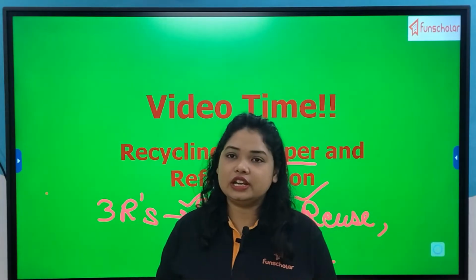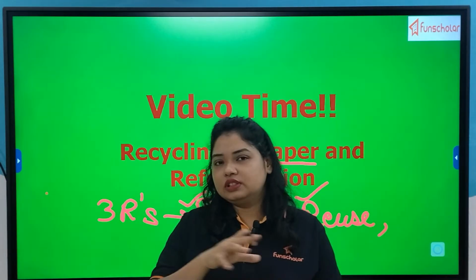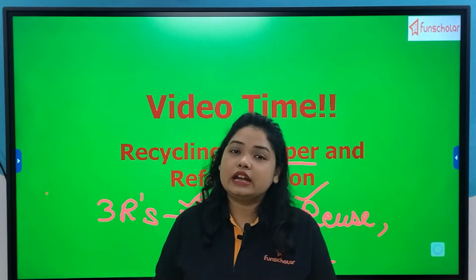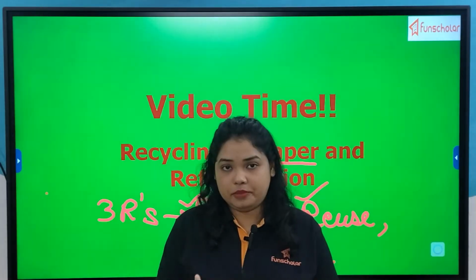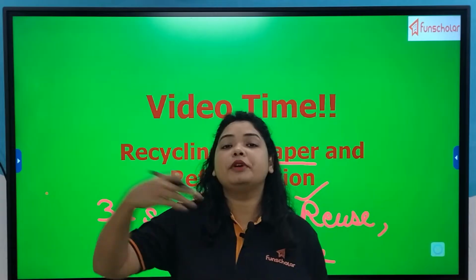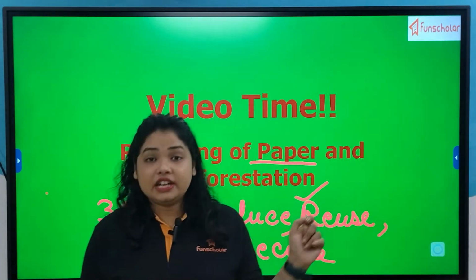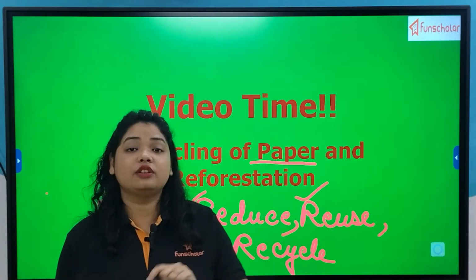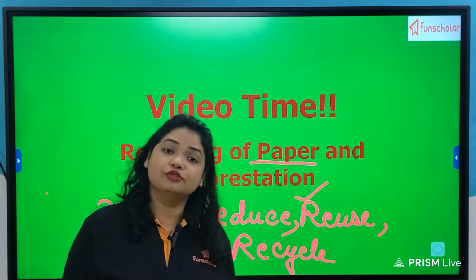Then it will be bleached so that all the ink is removed, and then it is made into a pulp, the pulp from which new paper can be made, which will be devoid of the written material or the ink that was present previously in the newspaper.